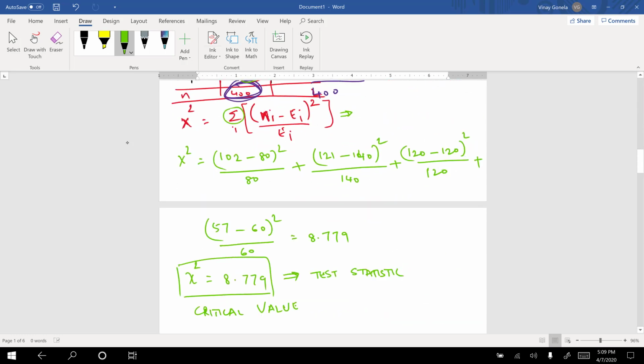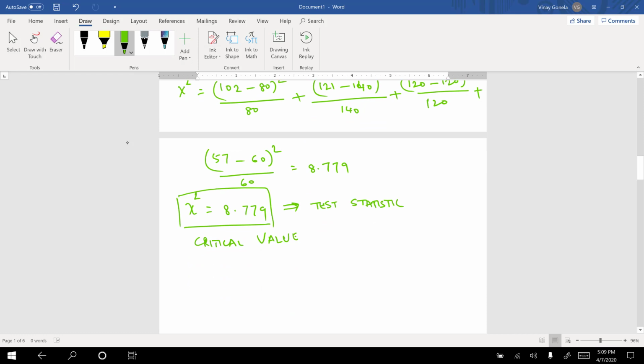Not x, it's chi, I'm sorry for that. Chi alpha, k minus 1 is the degree of freedom. Suppose alpha is given as 0.05, so this is chi-square 0.05, k minus 1, that I have to compare it with.